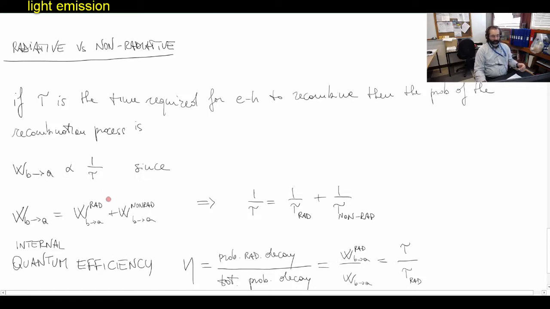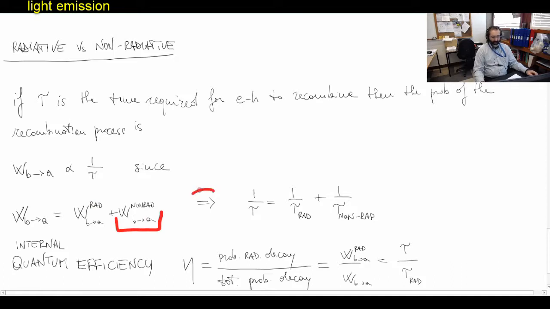Now, we can easily realize that the total probability for a transition from B to A can be split into the probability of having a transition that is radiative plus the probability of having a transition that is non-radiative.